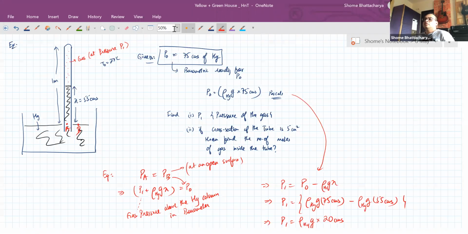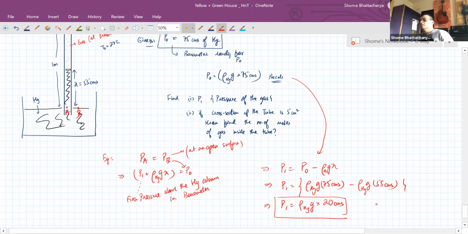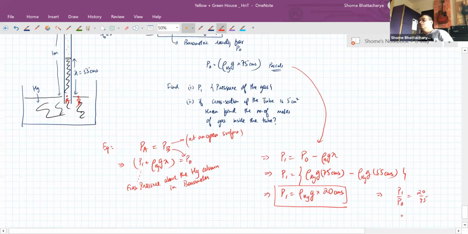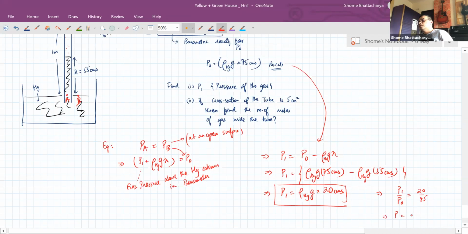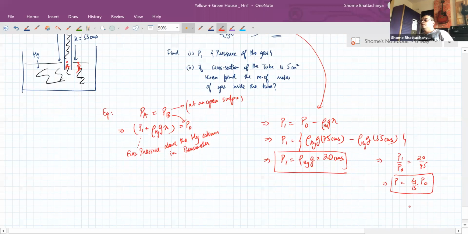Okay, now once we know this, we can just use ratio and proportion, and we can see that P1 upon P0 is 20 by 75. So P1 is equal to 4/15 of atmospheric pressure, or P1 is equal to 4/15 of that value in pascals.